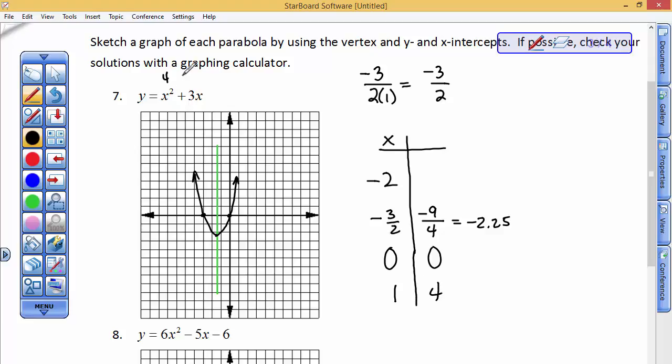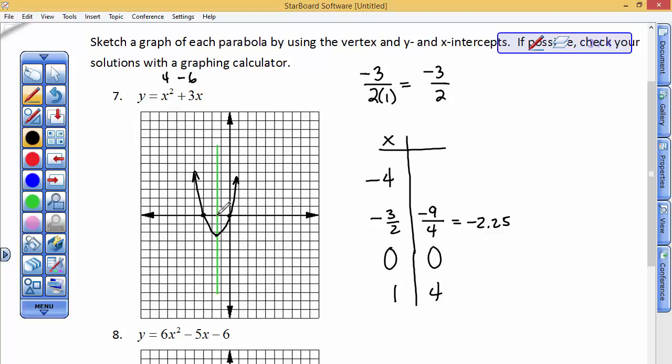And -2 squared is 4, and 3 times -2 is -6. And when x is -2, you get -2. I've done something wrong there. So let's see. -2 squared is 4, plus 3 times that -2 really is -6.